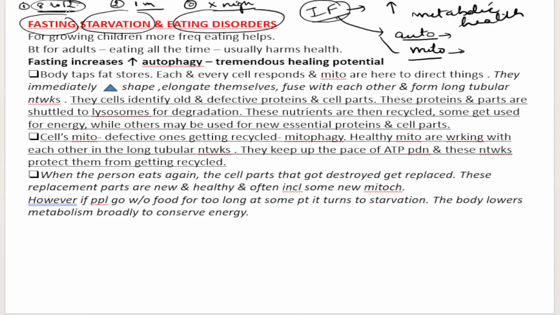And before you sleep, you take your dinner early. Suppose you take it at 7 o'clock, and then in the morning till about 11 or 12 o'clock you don't eat. So there is a fasting period of nearly 16 hours. So these 8 or 16-hour fasts are part of intermittent fasting.